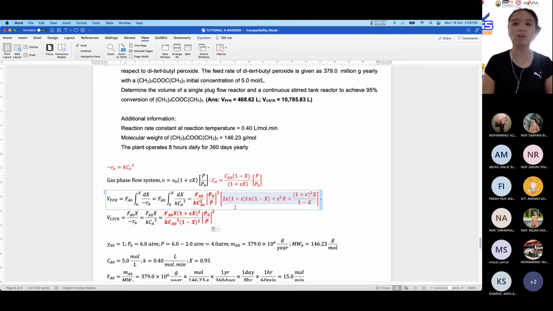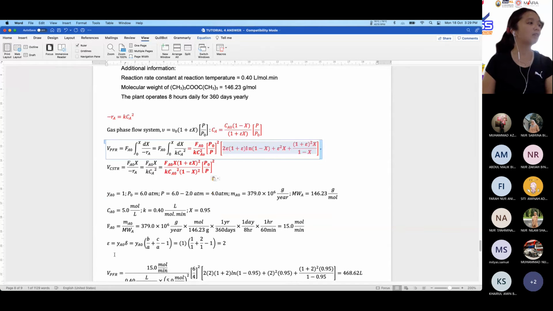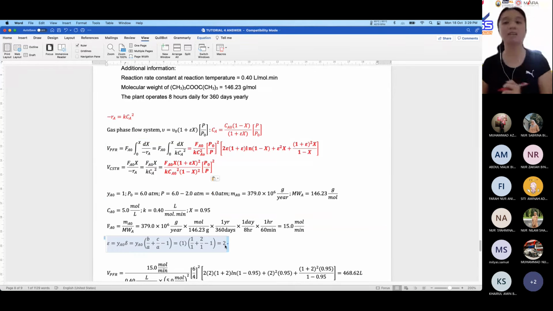Okay. So first, epsilon. Epsilon you may not be used to finding, because we seldom address questions with gas phase. So if you forget how to find epsilon, epsilon has a formula, with a sub formula. Epsilon equals YA naught sigma. If you forget, it's okay, you check the chapter 3 notes. So epsilon is YA naught sigma.